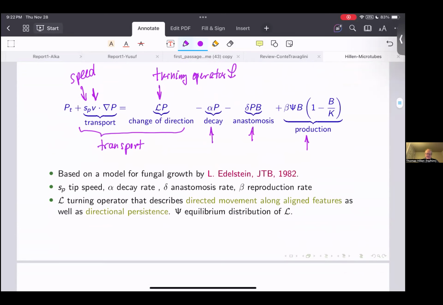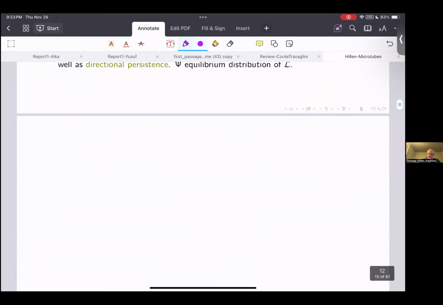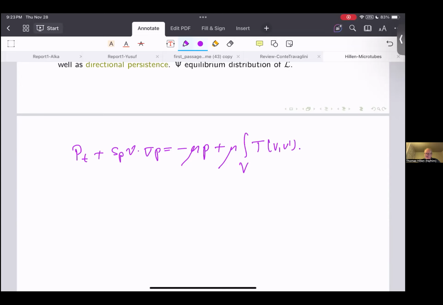So let me just outline this transport term a little bit more. I write it down: time derivative plus s_p v times gradient of p. And then the turning operator is minus mu p plus mu times the integral over velocity space V of T(v, v') p(t, x, v') dv'. Mu is called the turning rate.